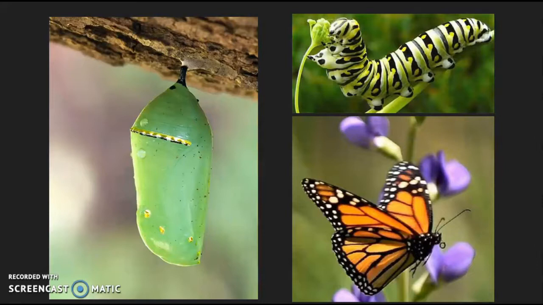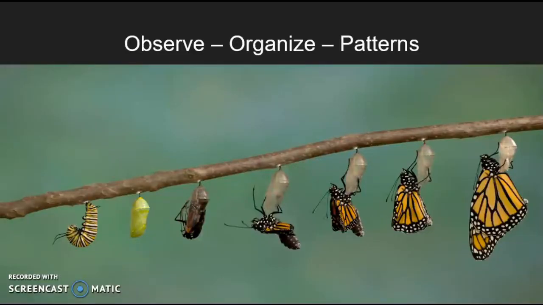And as you continue walking through this garden, you see all these different insects. You see these different stages. You see this little caterpillar walking, eating a plant. You see this little cocoon thing hanging from a tree, and then you see the butterfly, of course, flying through the air.